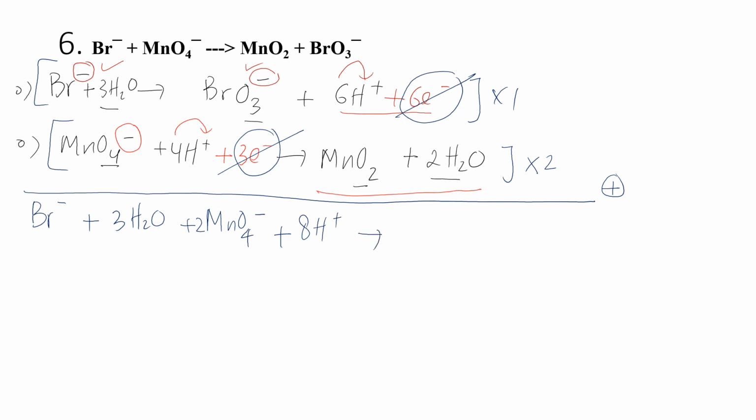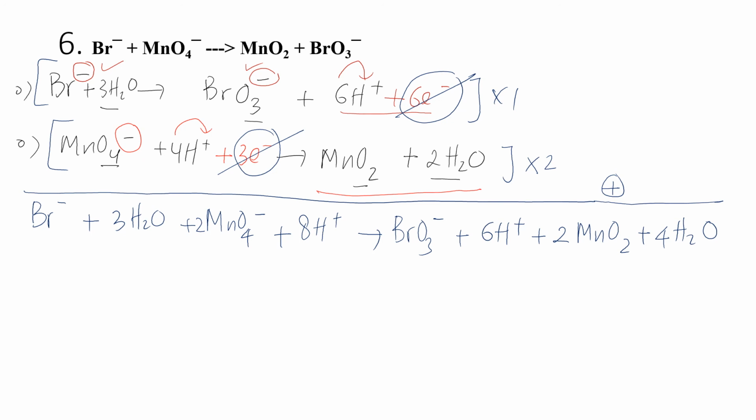On the right hand side, the first part, BrO3 minus plus 6H plus, the second part, plus 2MnO2 plus 4H2O.